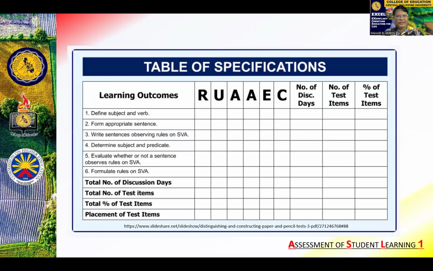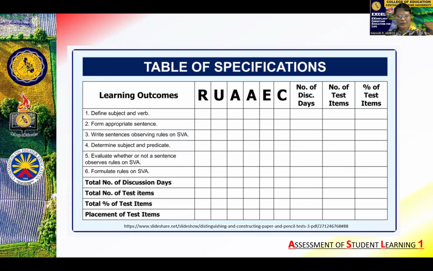Another example here is the new level of Bloom's taxonomy of learning. So you can see here the learning outcomes. You have actually six learning outcomes for that particular first grading.